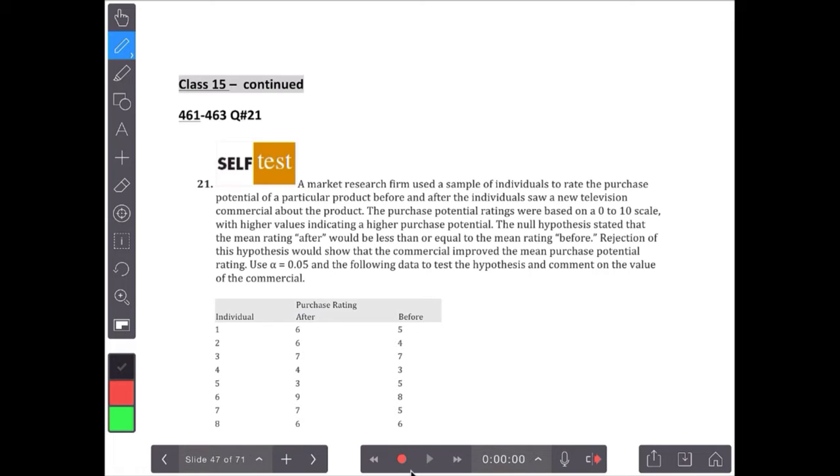So the purchase potential ratings were based on a 0 to 10 scale, with higher values indicating a higher purchase potential. The null hypothesis is stated that the mean rating after would be equal to or less than before.